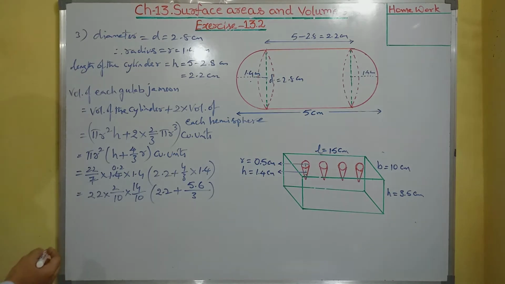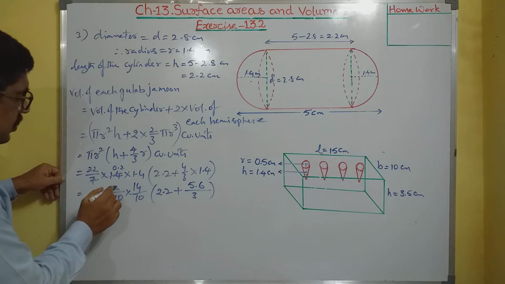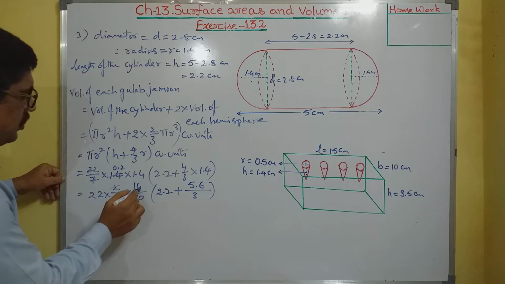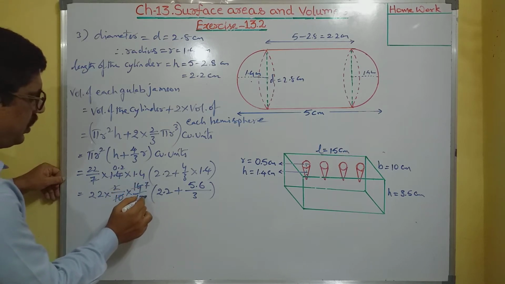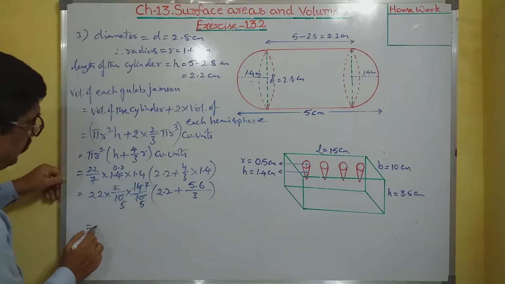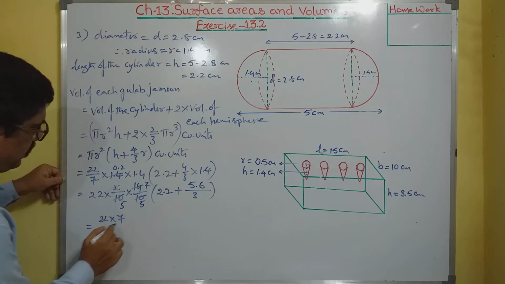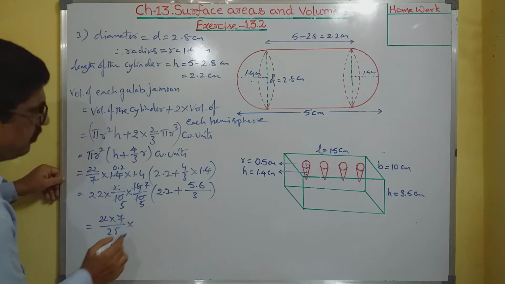Now let us simplify. 2 5s are 10, 2 7s are 14, 2 5s are 10, which is equal to 22 into 7 by 5 into 5, 25.